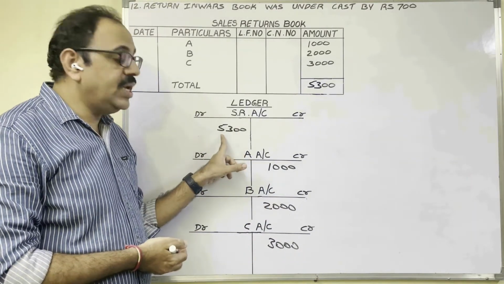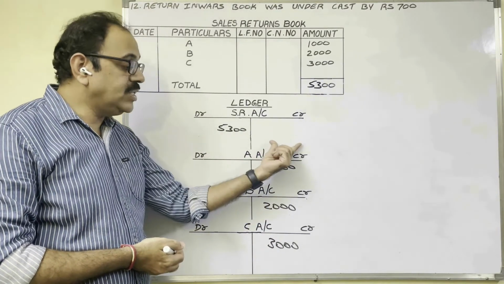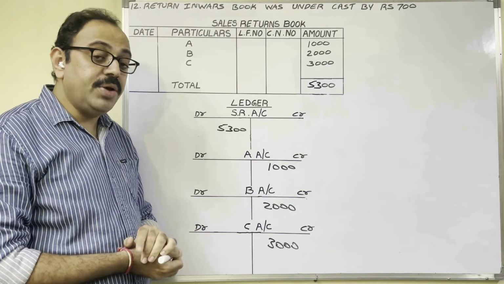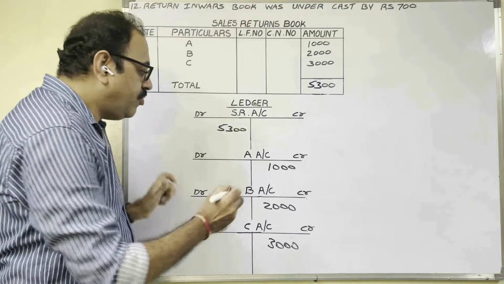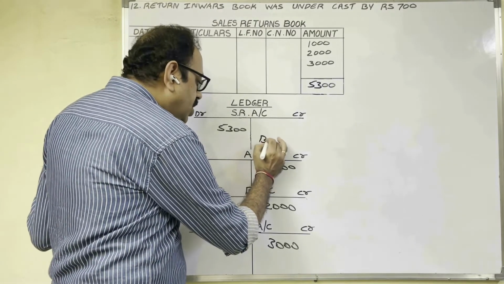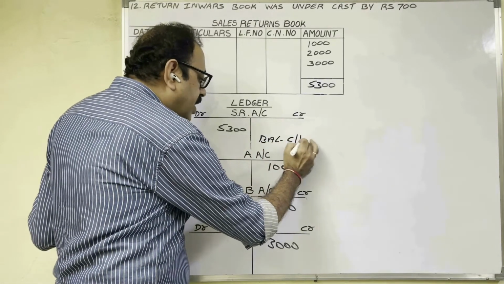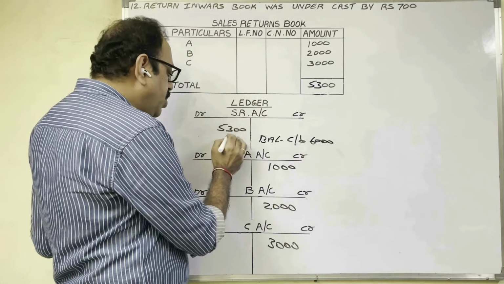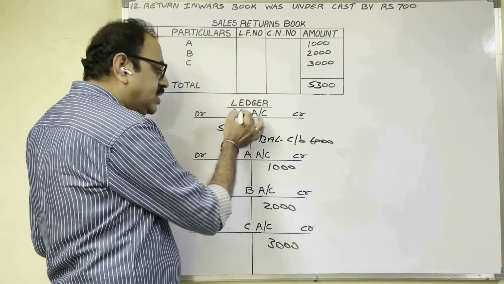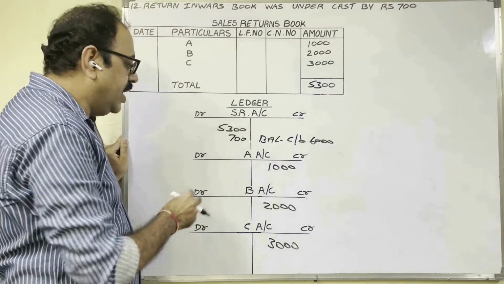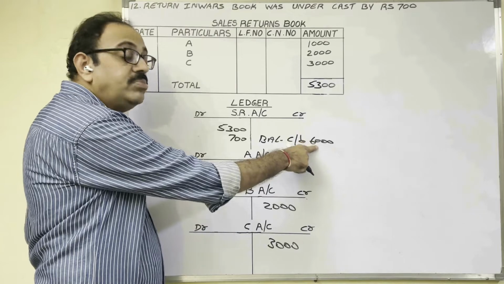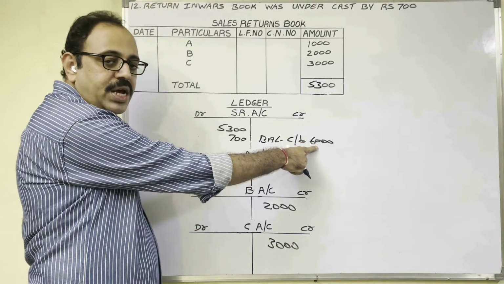When 5300 is debited, balance carried down also same amount comes 5300, but correct amount is 6000 rupees. So we need 6000 rupees as balance carried down here. Then what to do? If you debit 700 rupees in sales returns account, then 5300 plus 700 becomes 6000. Correct balance carried down.